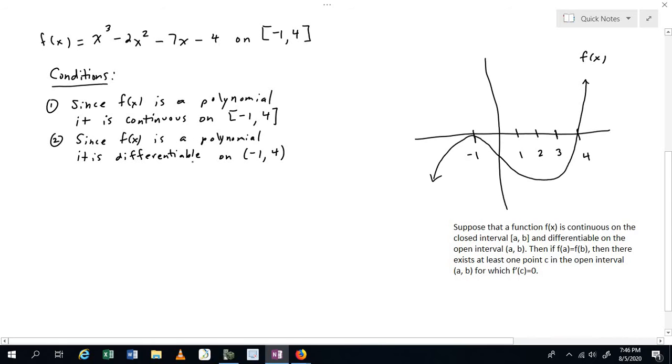Now remember, differentiability means that the derivative must exist. So for polynomials, derivatives exist at every point from -infinity to infinity.